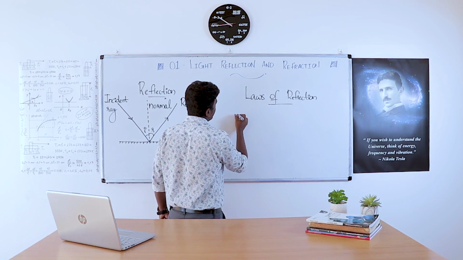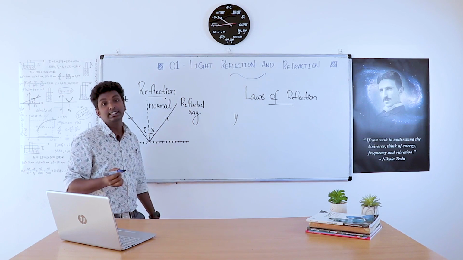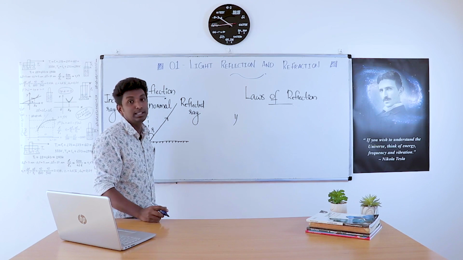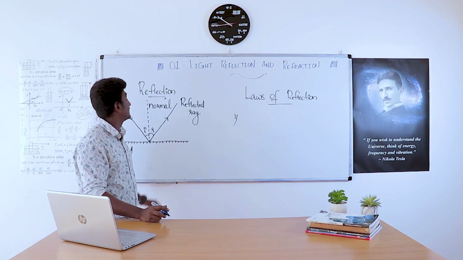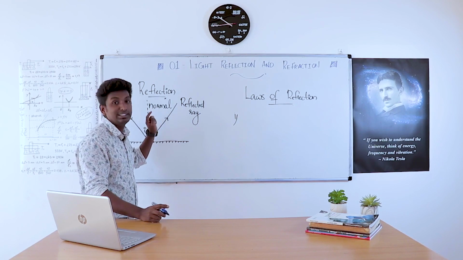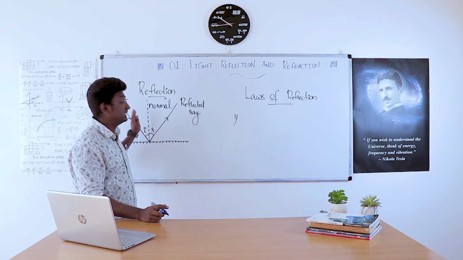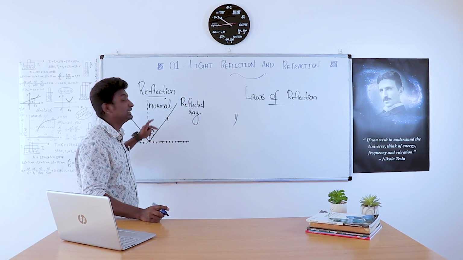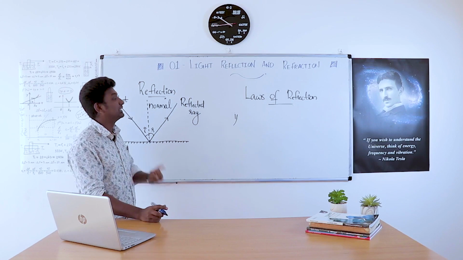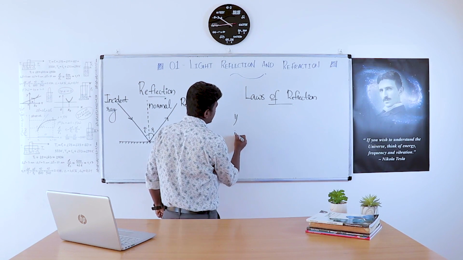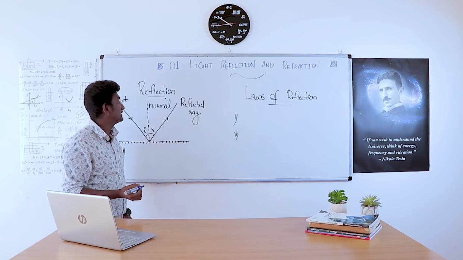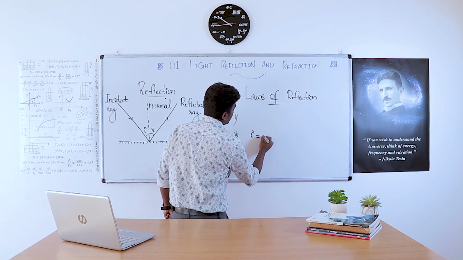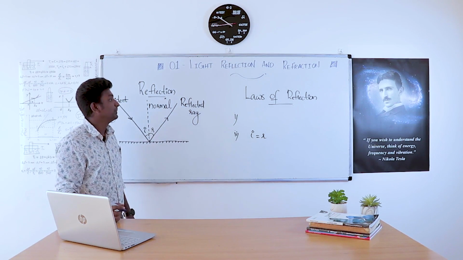The first one: the incident ray, the reflected ray and the normal at the point of incidence lie on the same plane. This is the first law. The second one: the angle of incidence is equal to the angle of reflection. That is, i is equal to r.